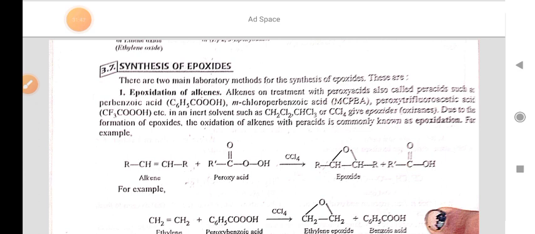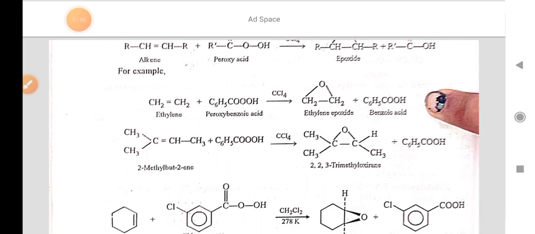For example, alkene plus peroxyacid gives epoxide and carboxylic acid. CH2=CH2 plus peroxybenzoic acid gives ethylene epoxide and benzoic acid in carbon tetrachloride.